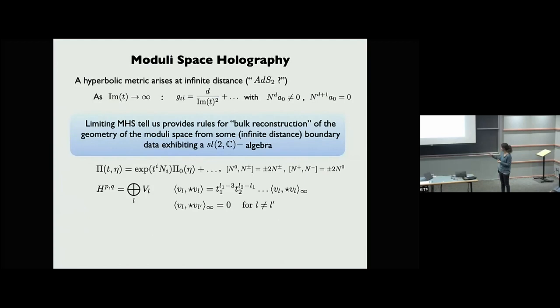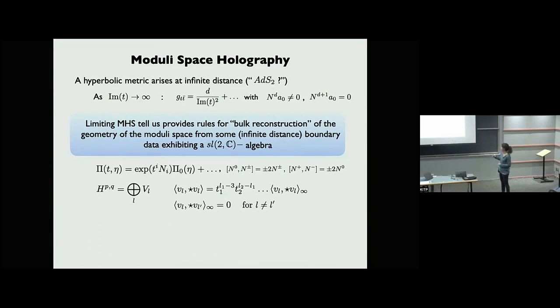All these theorems are precisely telling you how you have this algebra, how you can split the cohomology group into subspaces that are eigenstates of these monodromies, and how to obtain the information about the radial coordinate as you approach the singularity when you remove the infinities from this boundary data.